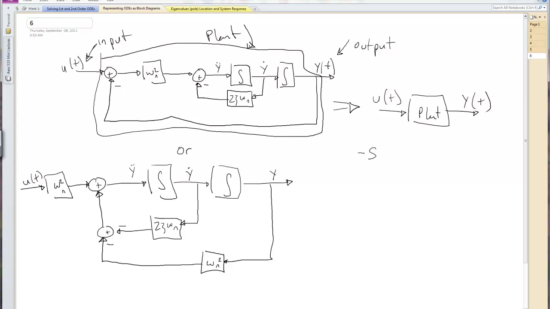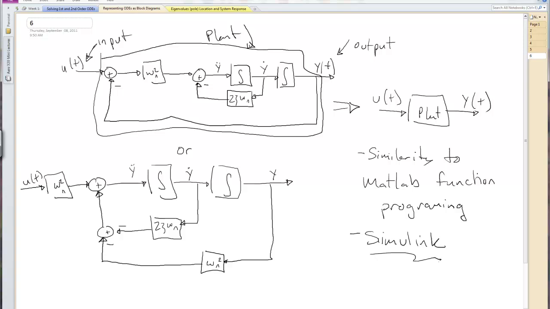So there's also a similarity here to function programming, really in any language, but we are familiar with MATLAB. So not only do these blocks represent mathematical equations and operators, but they also represent the idea of a function in a program. And that's going to be useful for us when we look into Simulink, which is part of MATLAB.